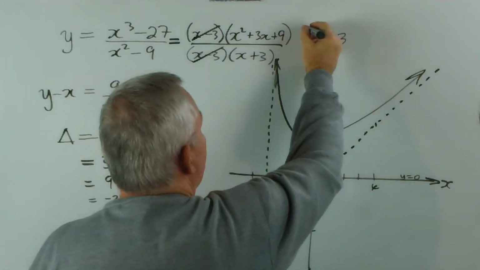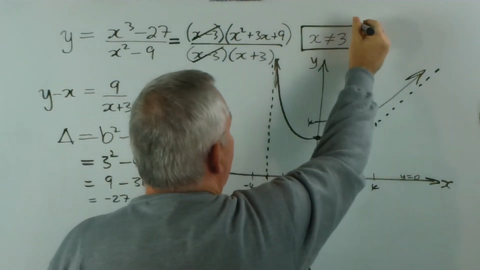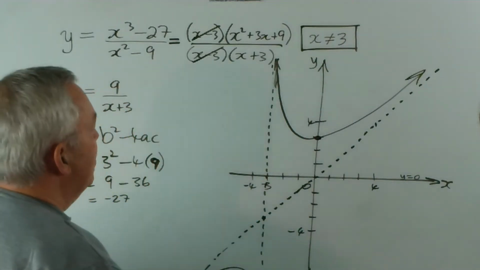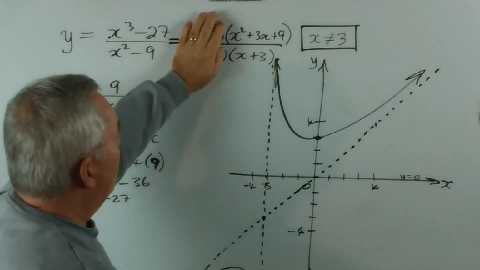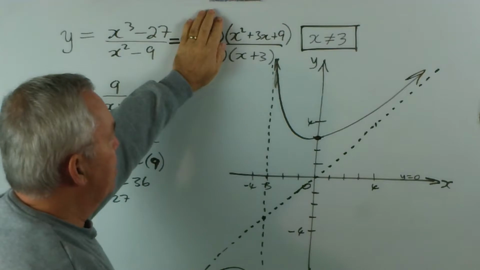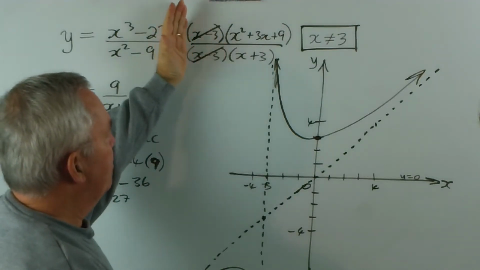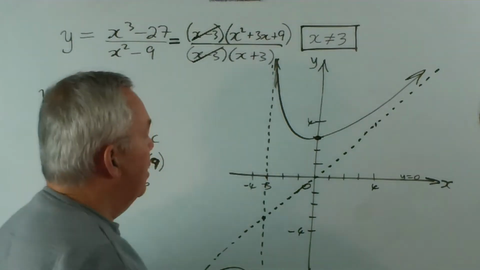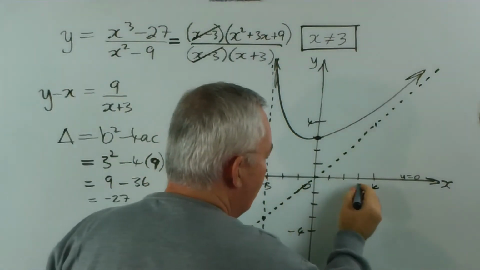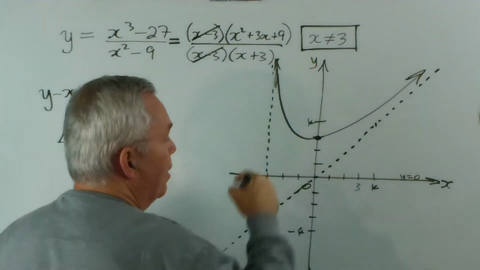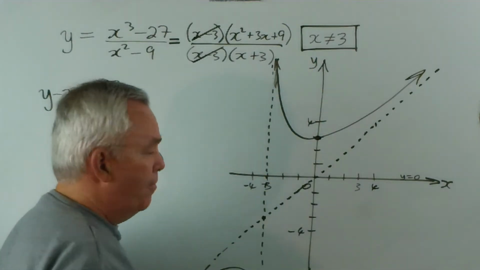Remember this. What we've graphed is this function, that rational function. But just by putting this in, does something rather intriguing. It means that where x is worth 3, we can't have any value.